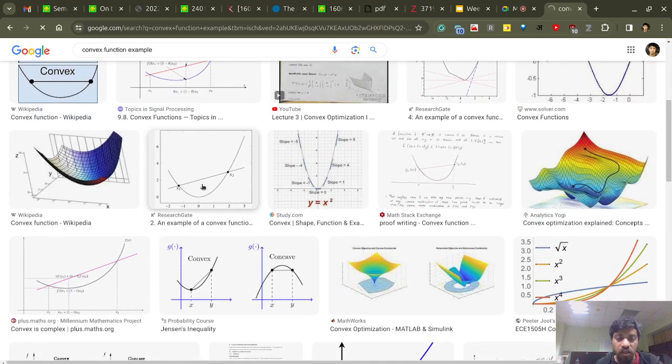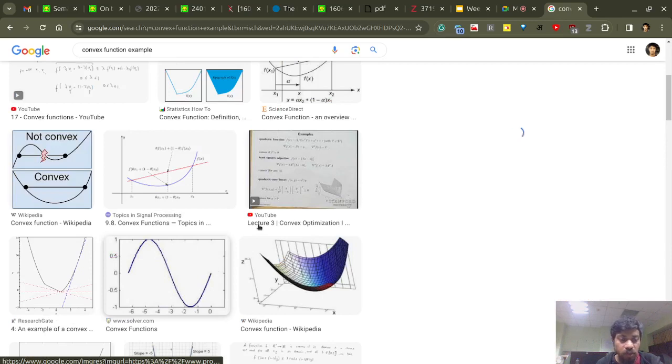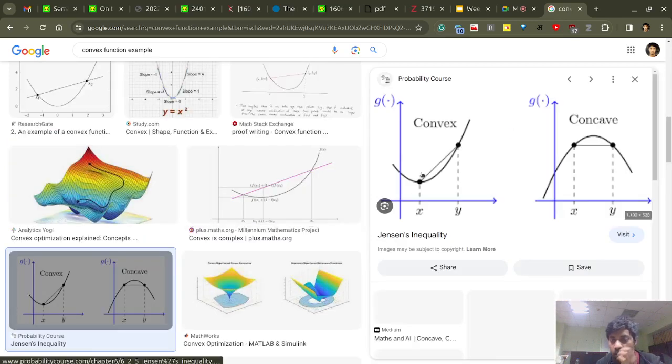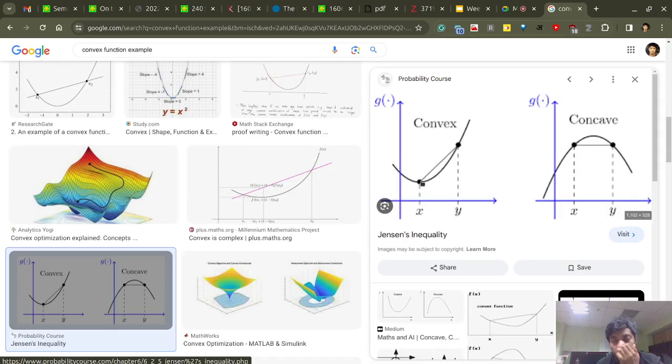I think the diagram in that was also okay. So maybe you can take this example. Okay. So if you draw a line between any 2 points and the line is above the curve, then it is convex. So the line is actually above this, and here you can see there is a global minima.